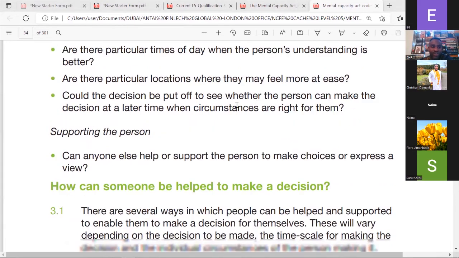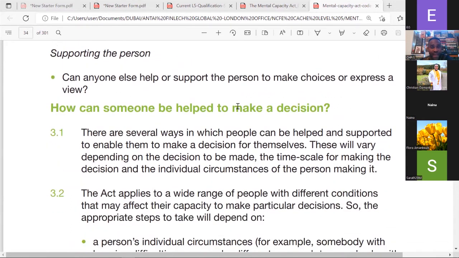Right. So these questions need to be considered, even by the decision makers in involving the individual. Now, supporting the individual to make the decision. These are some of the questions to be considered. Can anyone else help or support the person to make choices or express a view which will be in the best interest of the individual?